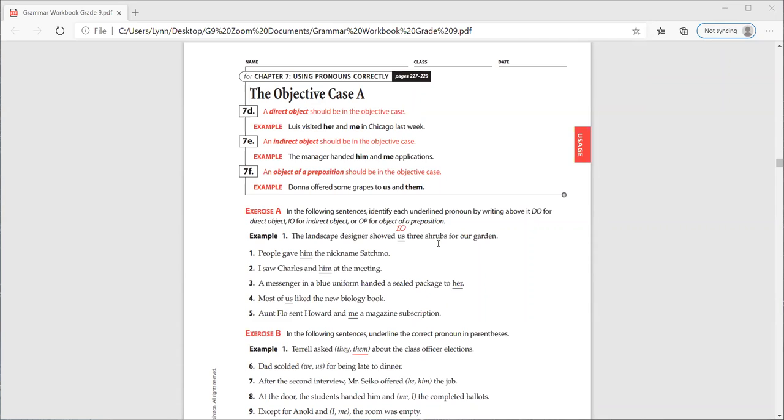Example: the manager handed him and me applications. And an object of a preposition should be in the objective case. Example: Donna offered some grapes to us. In the following sentences, we're going to identify each underlined pronoun by telling if it's a direct object, indirect object, or object of a preposition.